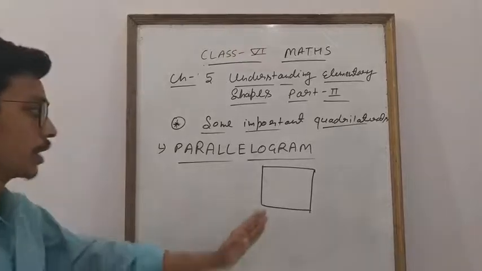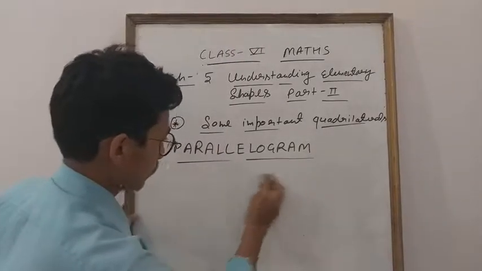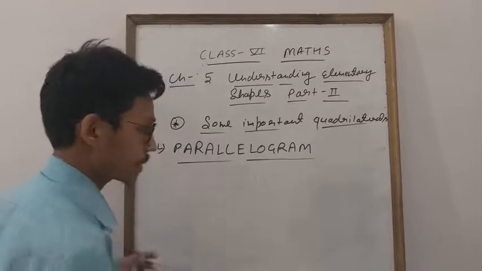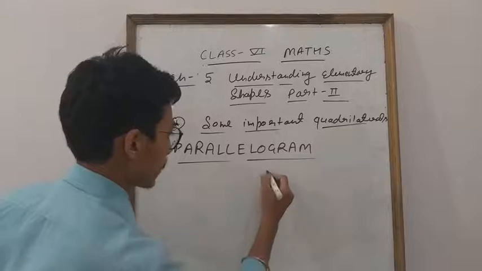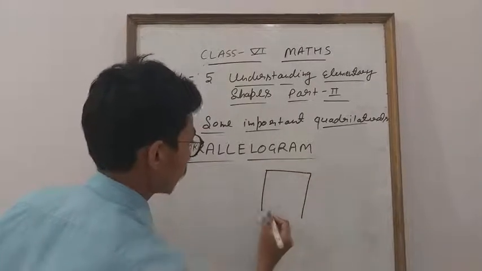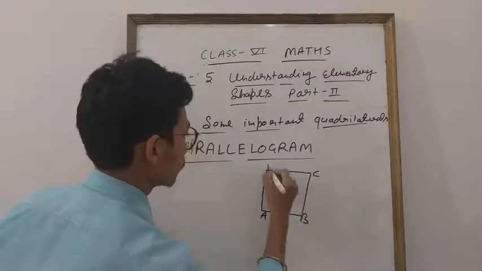When you see it in your book, this will be a little bit tilted. Like, this is the straight line, but in the parallelogram this line should be a little bit tilted like that. So this is our parallelogram, like A, B, C, D.